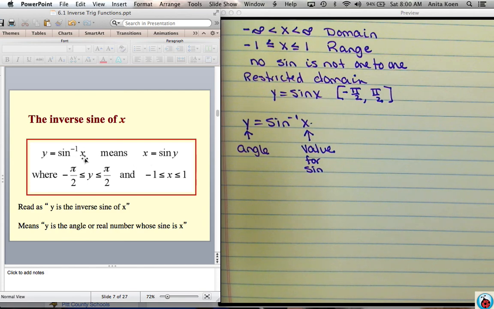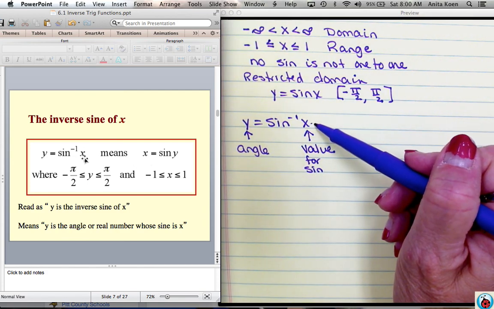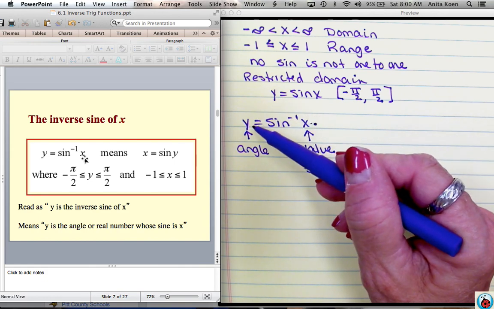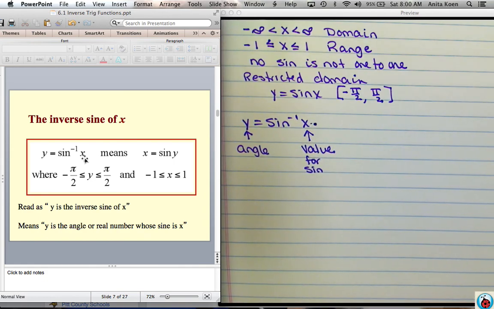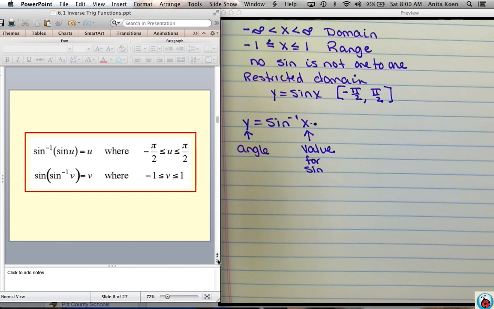So this x is the value for the sine, and this y is an angle. We seek an angle here. Now, the sine inverse and the sine, those two functions will undo each other.